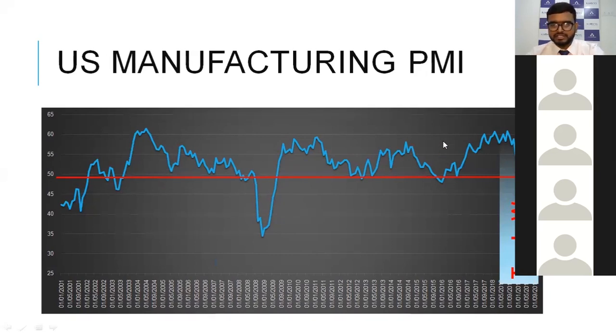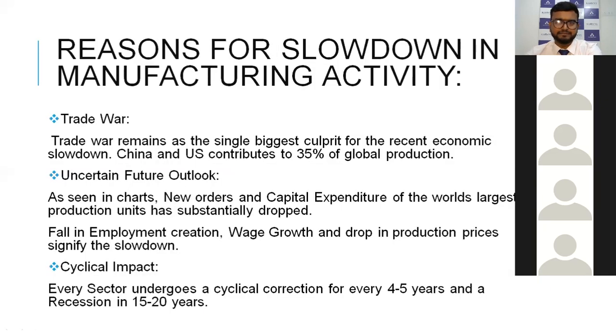And then after 2016, we might see a cyclical impact coming in 2020, but because of the trade war, it has come earlier. It's way earlier than the usual pattern.